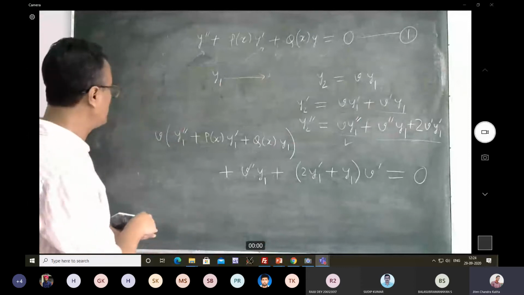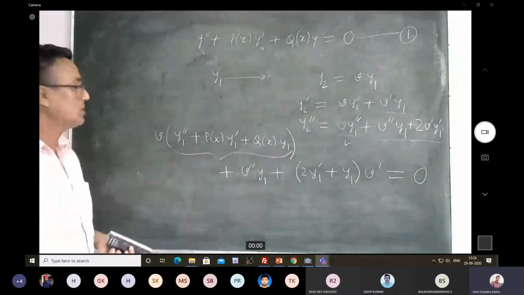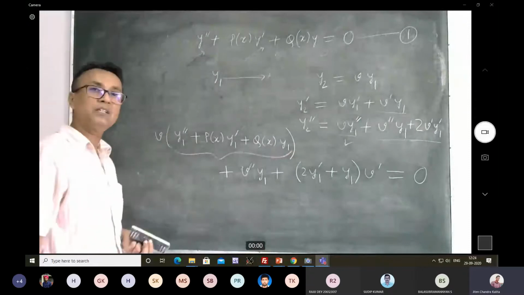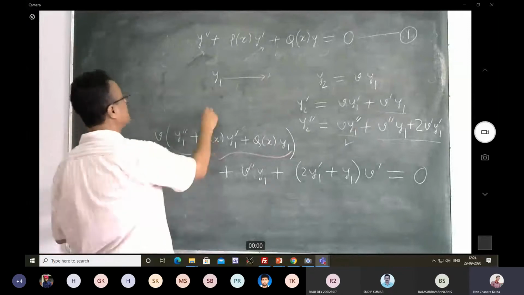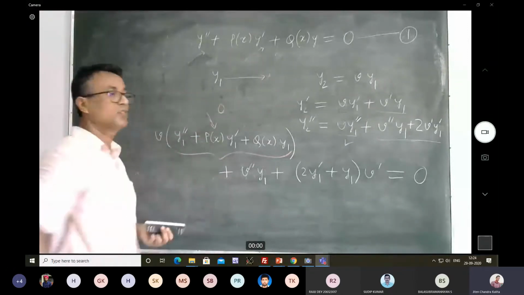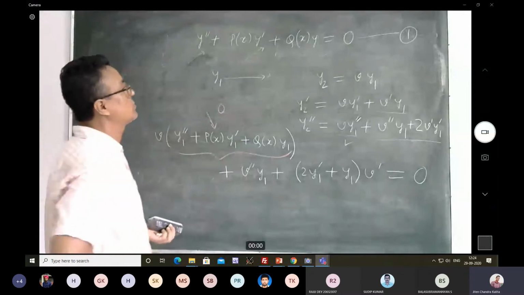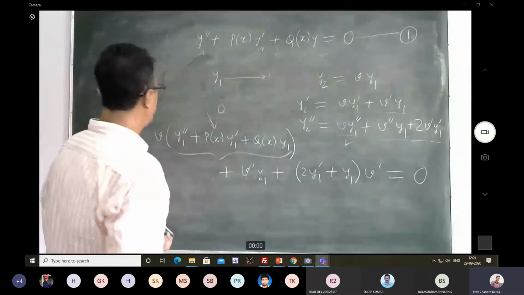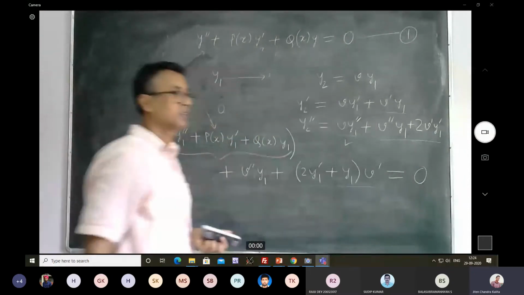Fine. So now, if you look at the expression within the parentheses, since y1 is already a solution of the given equation 1, that is why this part is going to give you 0. Is it okay? Fine. So if this is 0, then I will be left only with this part.